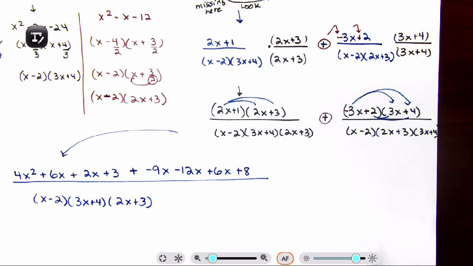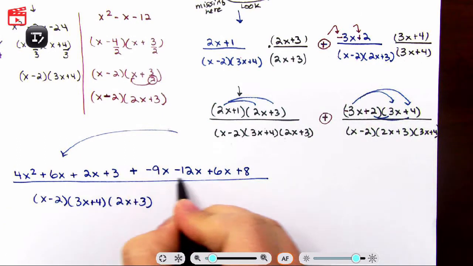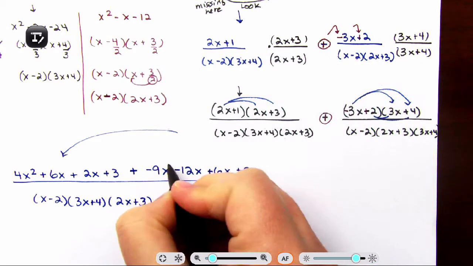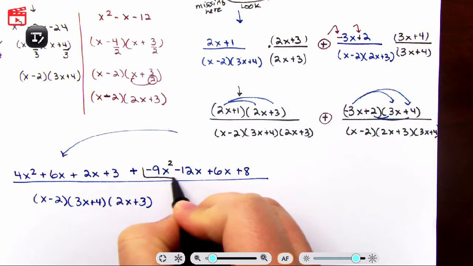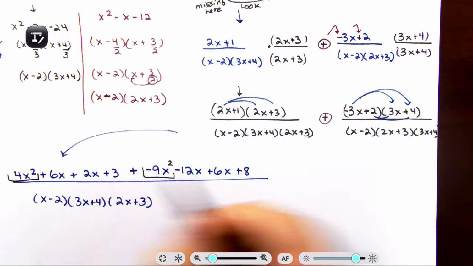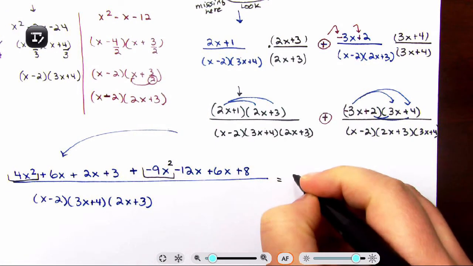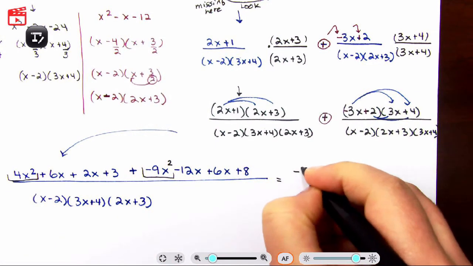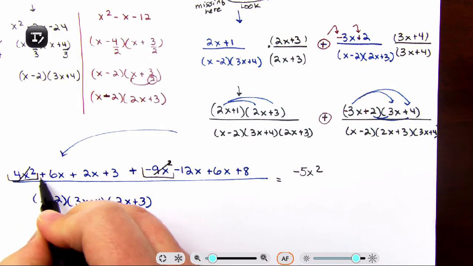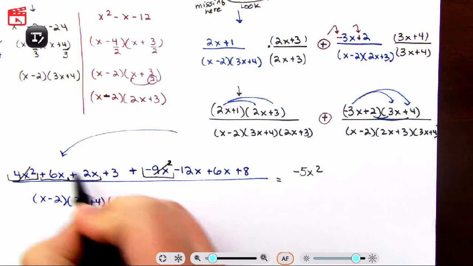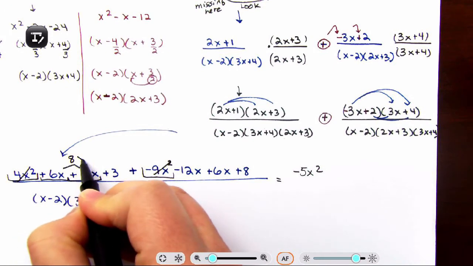So what do we have? Let's see if we have anything. Oh, I do have something. Oh, you know what? This should be a squared. Hopefully you caught that. So I have a negative 9x squared, and I have 4x squared. So that would give me negative 5x squared. I have a positive 6x, positive 2x. So that's an 8x.